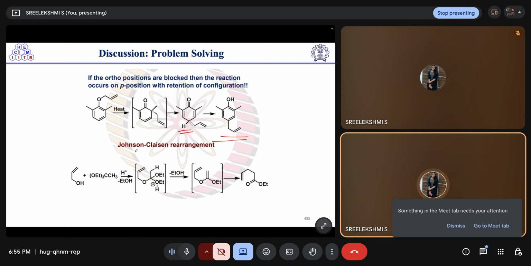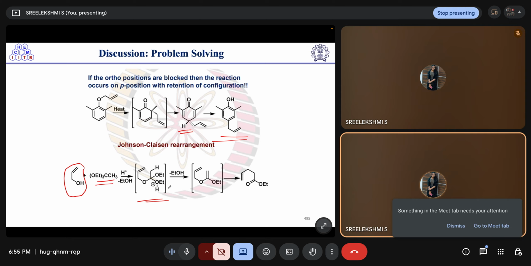Another example is the Johnson Claisen rearrangement. It is not with an aromatic compound. There we take this type of compound and use triethyl orthoformate type of compounds, and that will first give this particular intermediate. What is happening is that this oxygen lone pair will attack this carbon, and one of the OEt groups will eliminate to give this transition state, and another OEt gets protonated with the help of the acid catalyst which we are using.